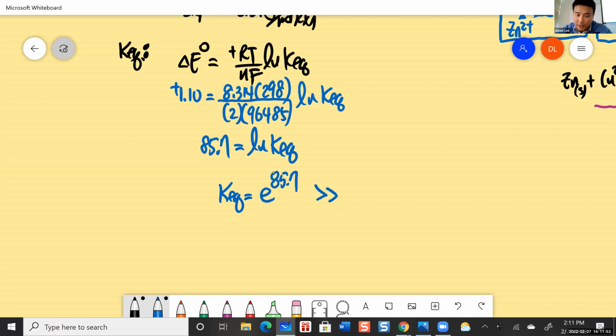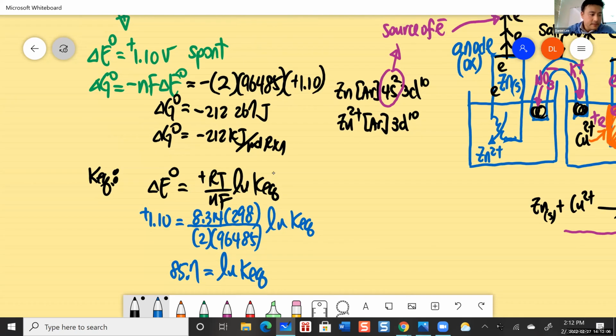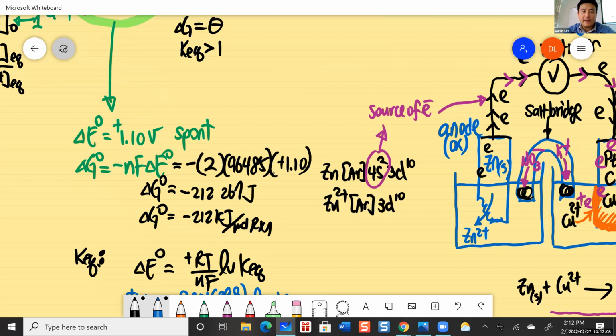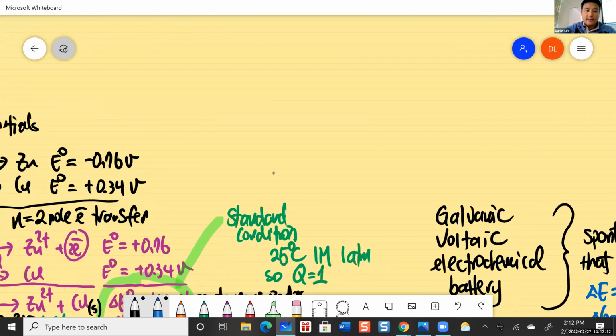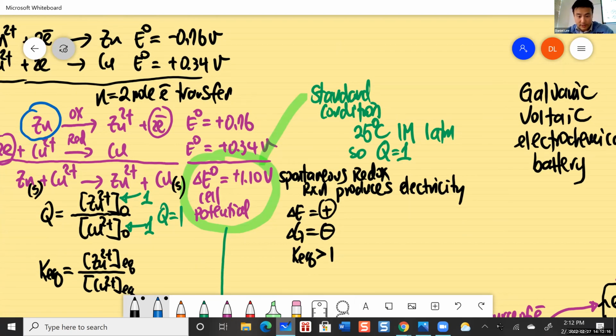That is very, very large. Again, large K means this reaction essentially goes to completion. It's so spontaneous that the equilibrium constant is huge, so there's no point in talking about the equilibrium constant. Just from E, if you know E, you can find the other two. And how do you find the E? From the reduction tables I showed you earlier.